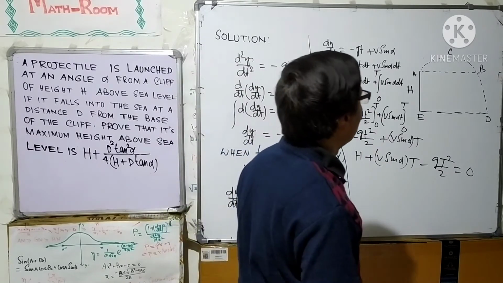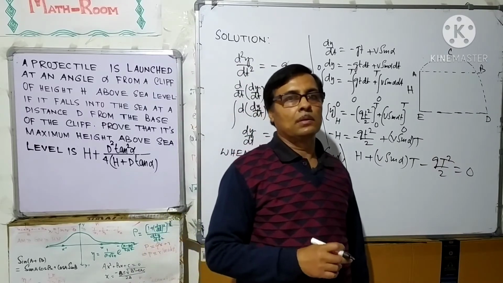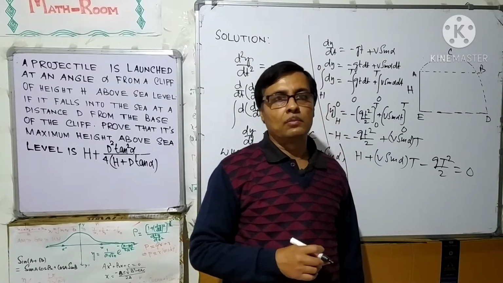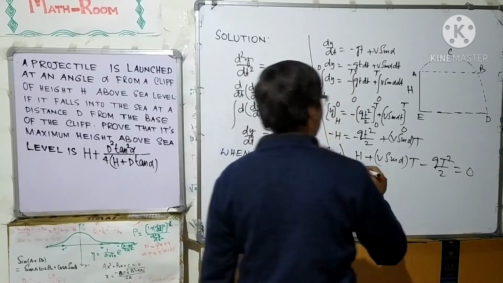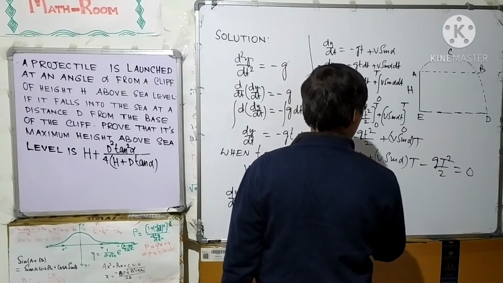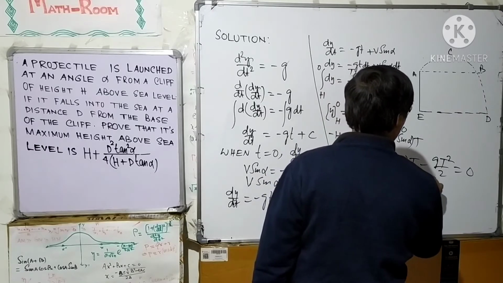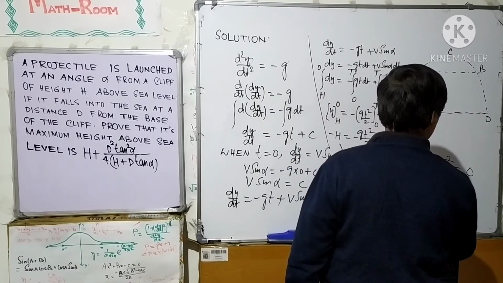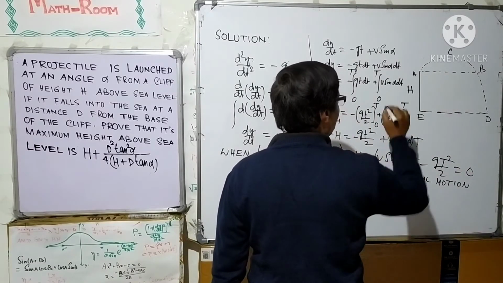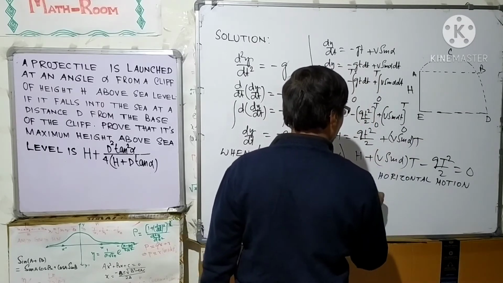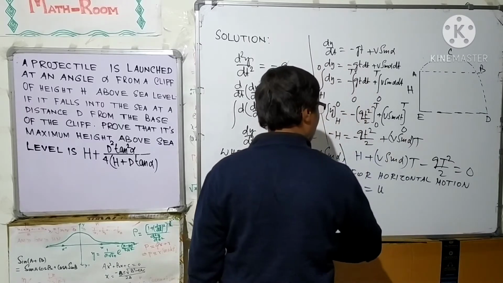So for the horizontal motion, it moves with uniform velocity v cos alpha. For horizontal motion, displacement capital D equals u, that is v cos alpha.